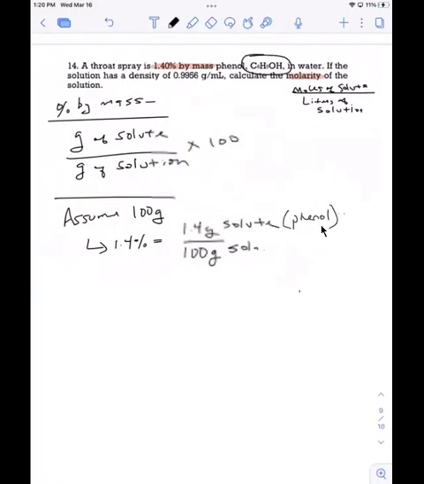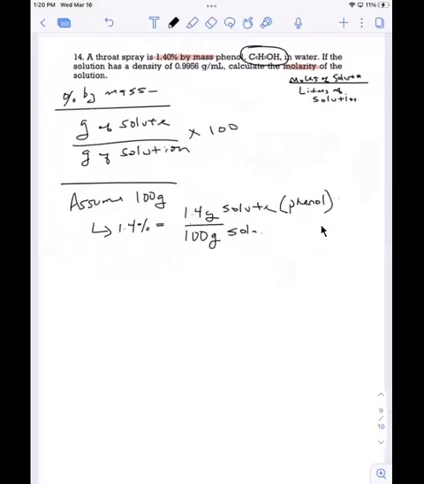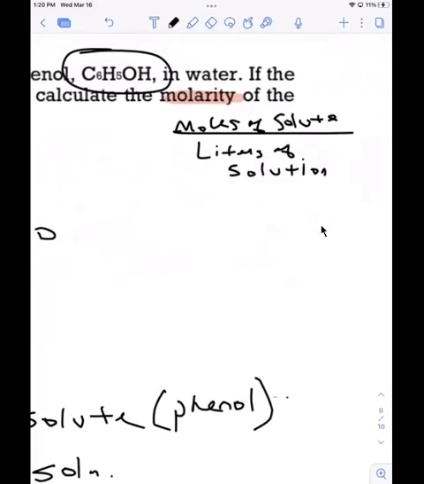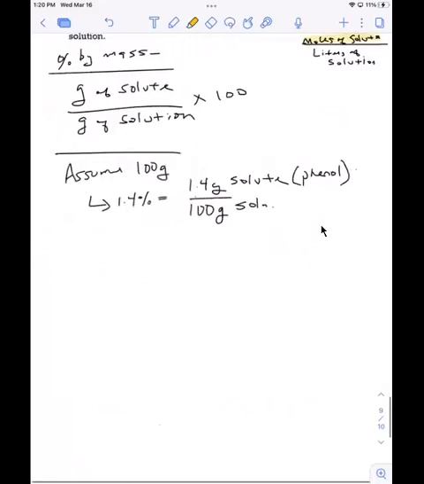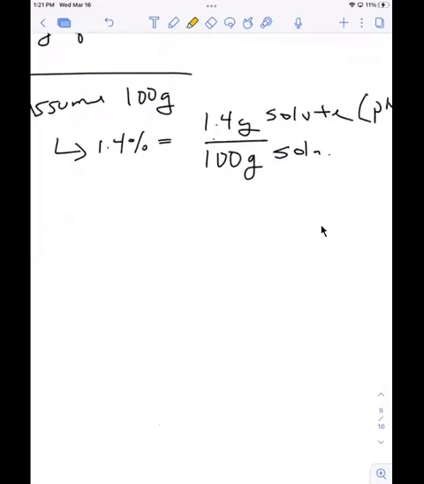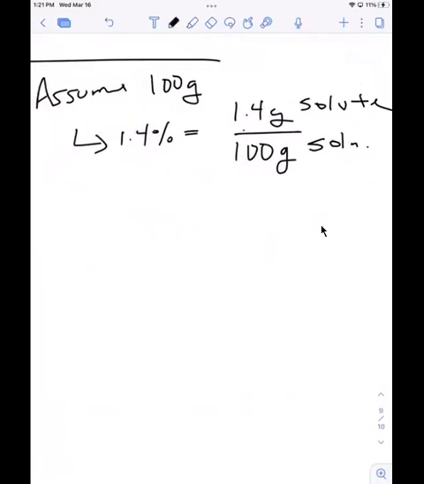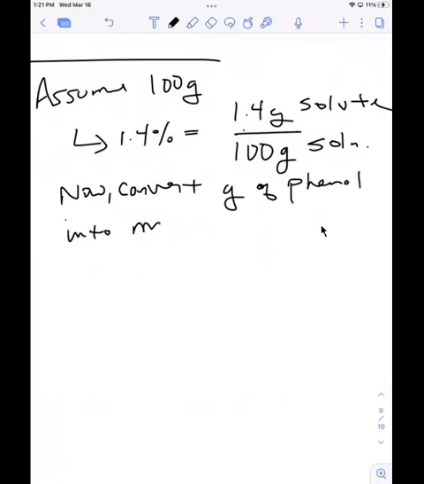All right. So how do we get from grams of phenol to moles of phenol? Because this is what we are after. We want the moles of solute. We have a way now to find the grams. We got 1.4 grams of solute. We need to convert that into moles. How do we do that?